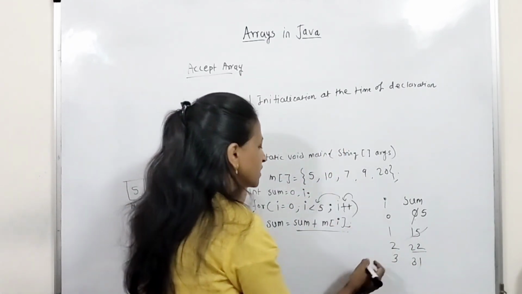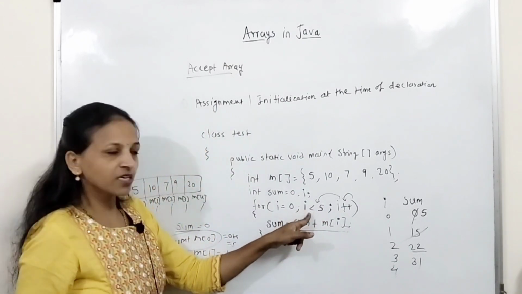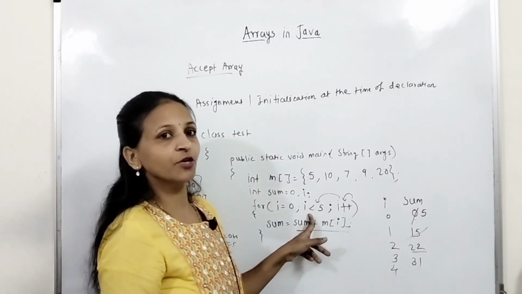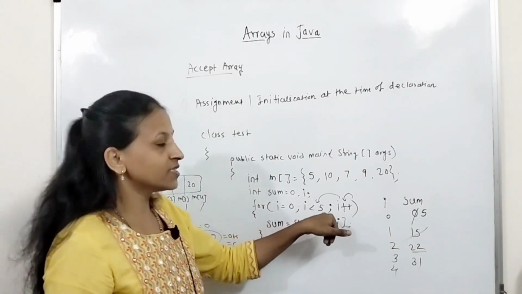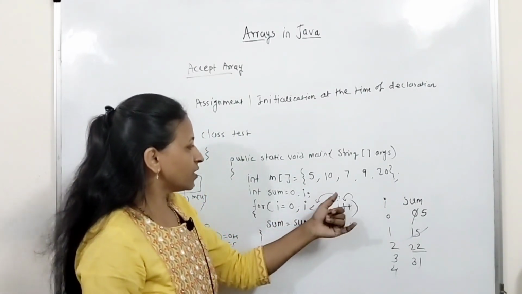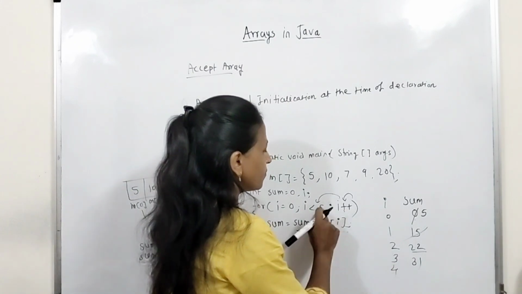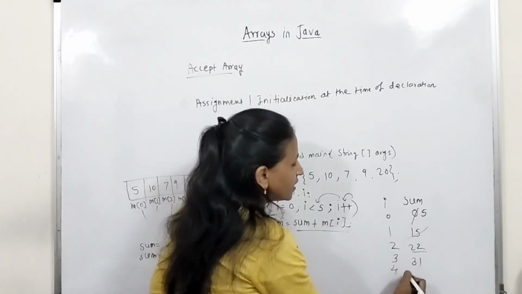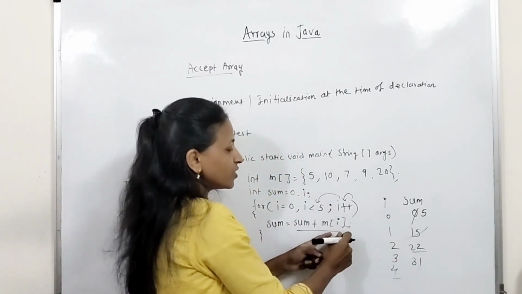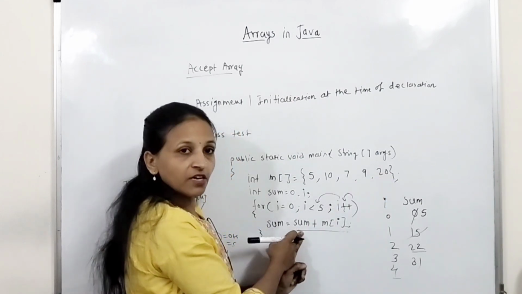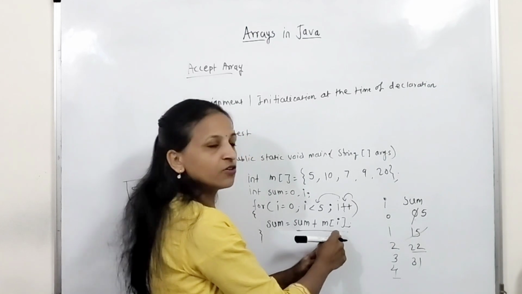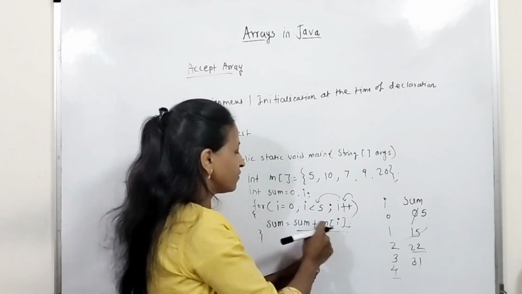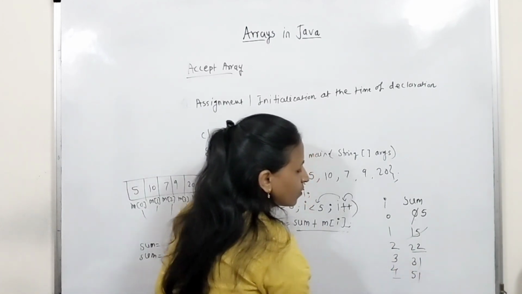Now the last thing is, now i is 4, again the condition is true. Yes, 4 is less than 5. Is it true or false? Yes, it is true, 4 is less than 5, that's why again m of 4, which is nothing but 20, will be added: sum is 31 plus 20, 51 will be stored inside sum now.